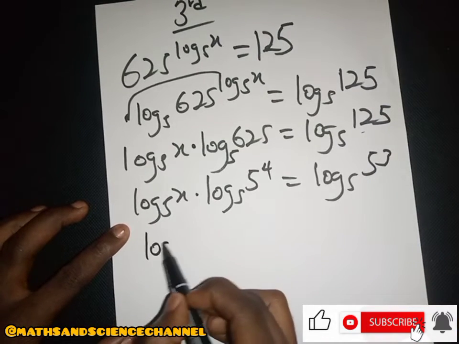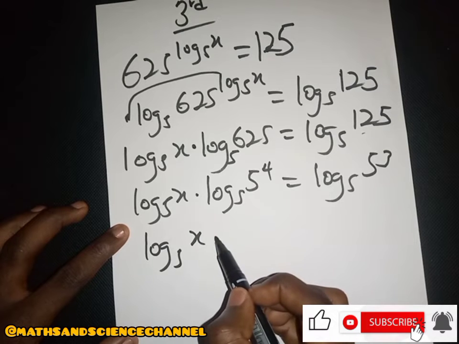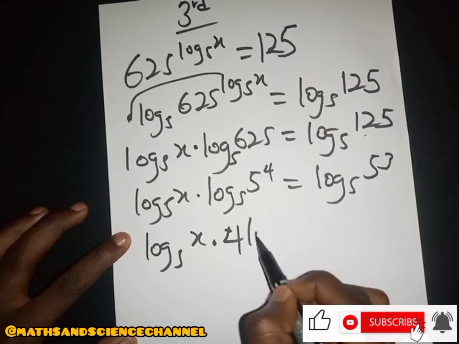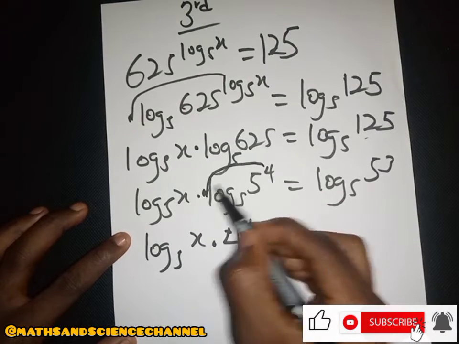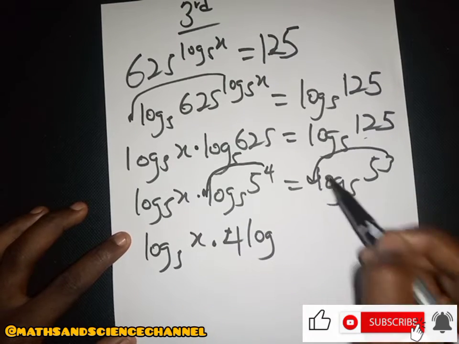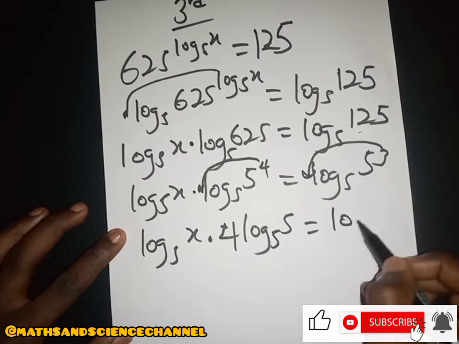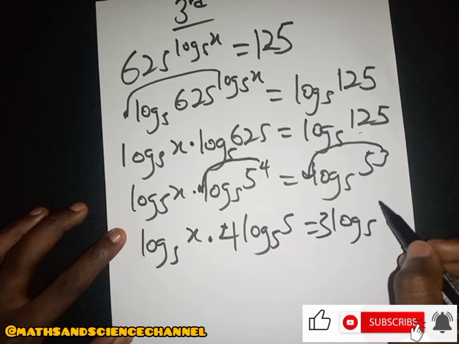So we can write this as log base 5 x times 4, and because we can bring the exponent in front, log base 5 of 5 times 3.